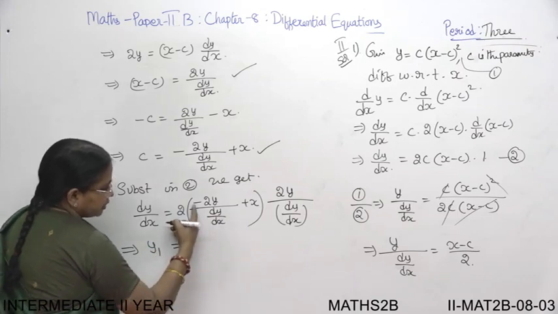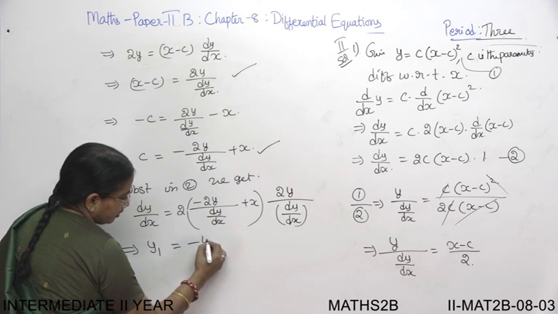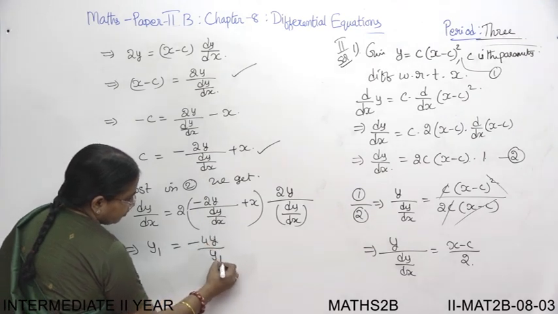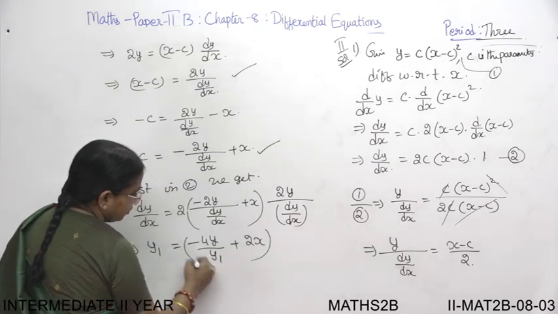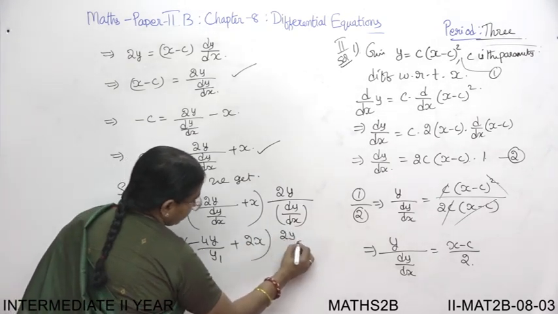Y1 is equal to minus 4y by y1 plus 2x into 2y by y1.